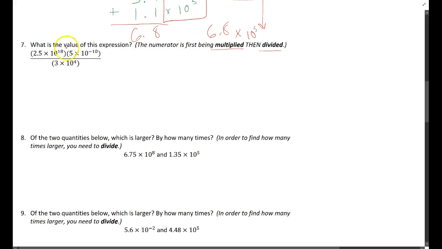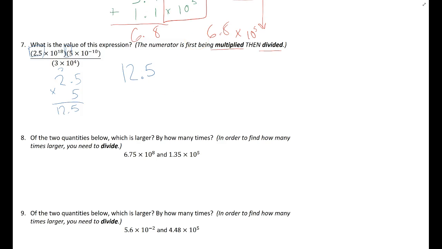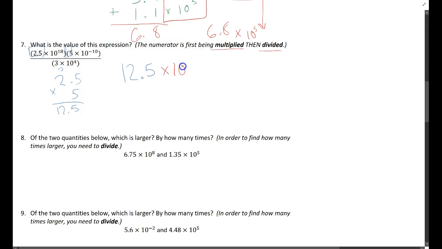So I remember when I multiply, I need to do each piece separately. I'm going to do my factors first. 2.5 times 5. Well, that's going to give me 12.5. Just so you see, 5 times 5 gives me 25, and then 12.5. Times 10. Sorry, let me do that in the red that I've been using earlier. Times 10.